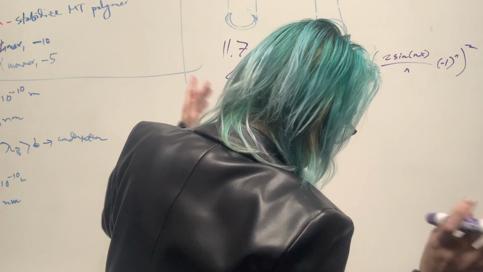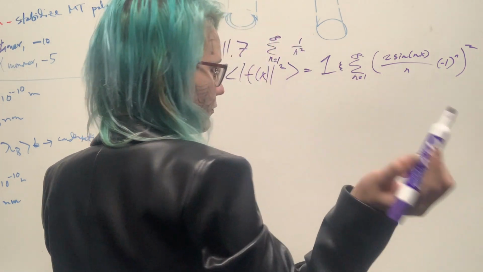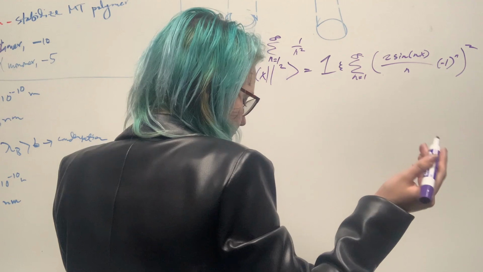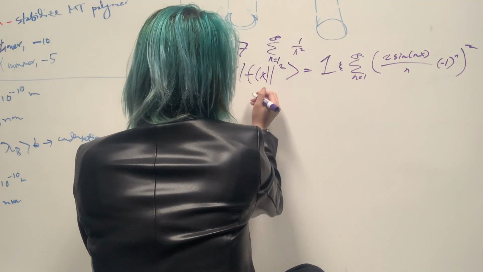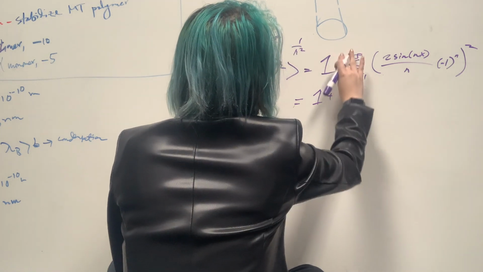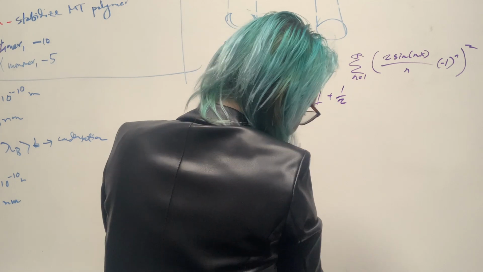So the average of a square for sine or cosine over any period, which is n, is going to be 1/2. So automatically we can add that. So we already have our 1. I'm going to erase it. And then that's 1/2. Yeah?